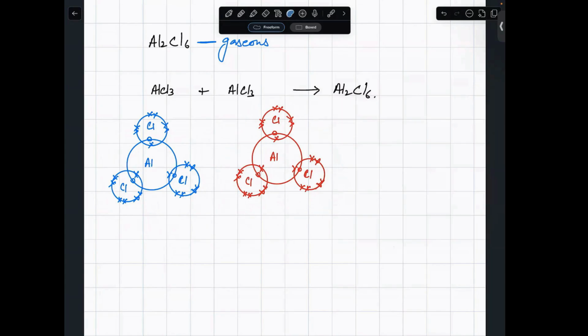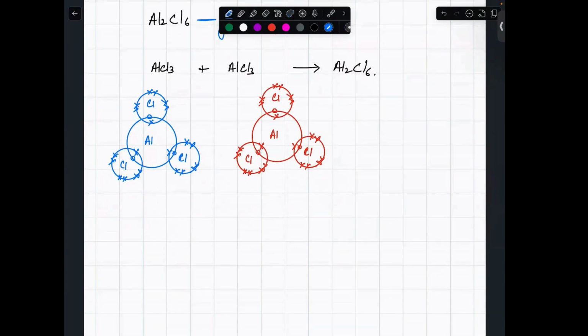You know what happens? This aluminium has 1, 2, 3, 4, 5, 6 electrons. There are also 6 electrons. It needs how many electrons?